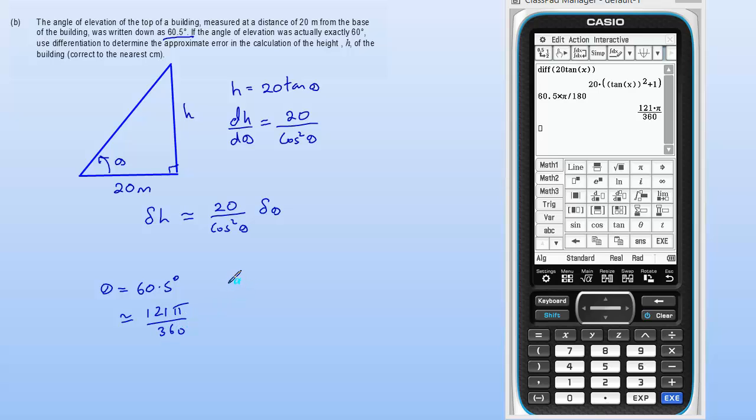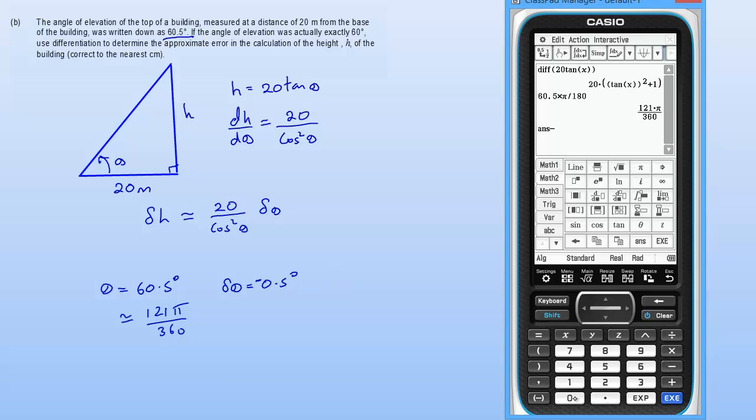And then delta theta is 0.5 degrees. It's actually negative 0.5 because it's a decrease.